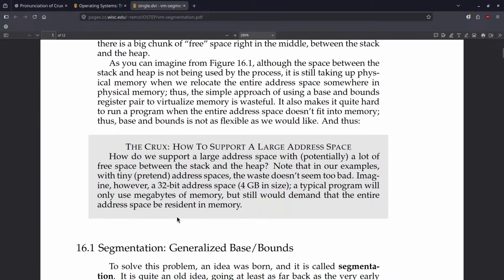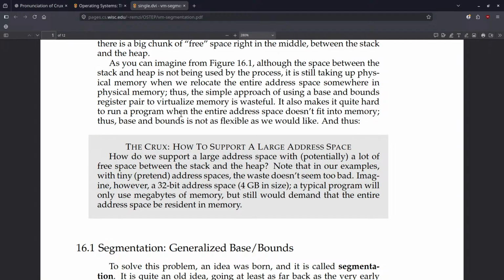And thus, the crux: how to support a large address space? How do we support a large address space with potentially a lot of free space between the stack and the heap? Note that in our examples with tiny pretend address spaces, the waste doesn't seem too bad. Imagine, however, a 32-bit address space, 4 GB inside.